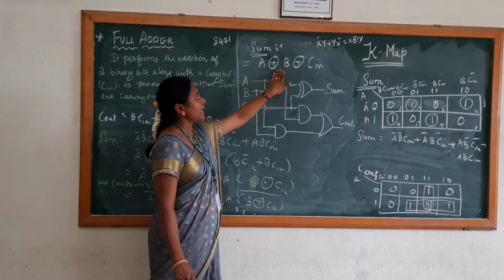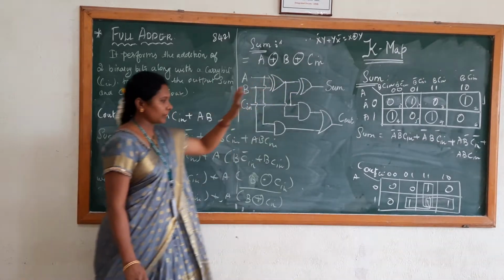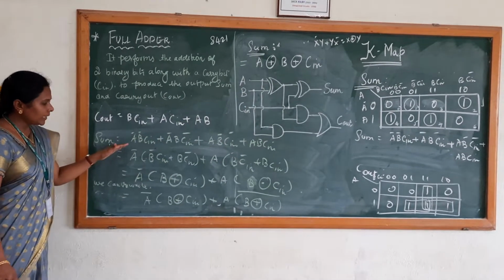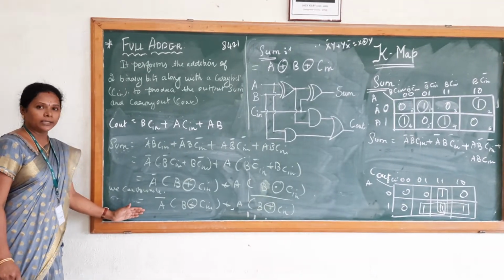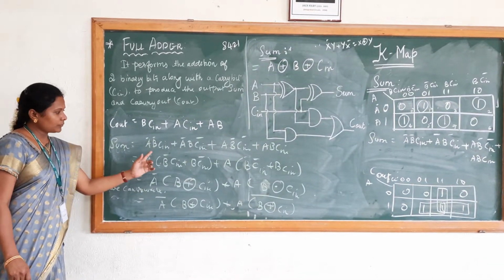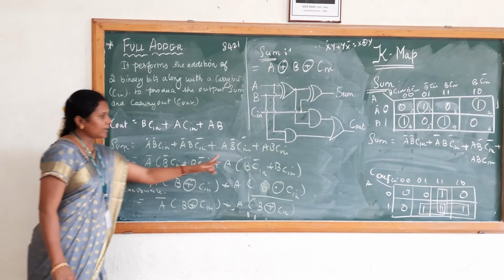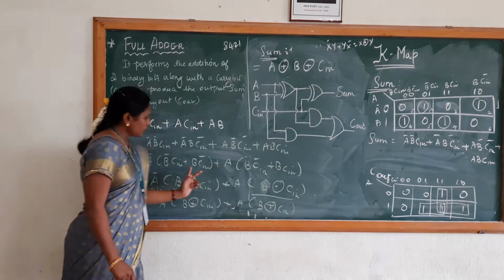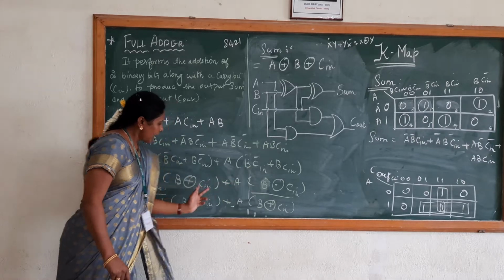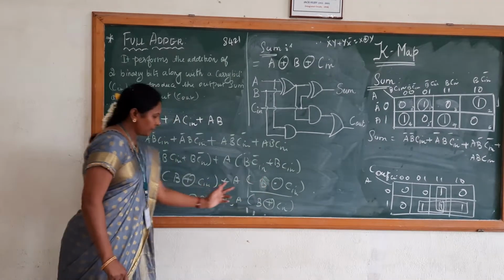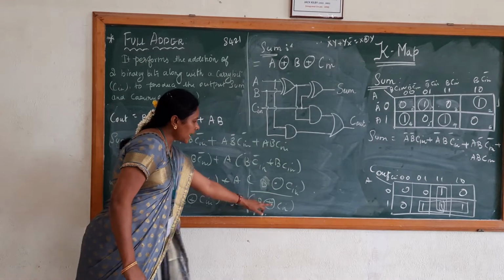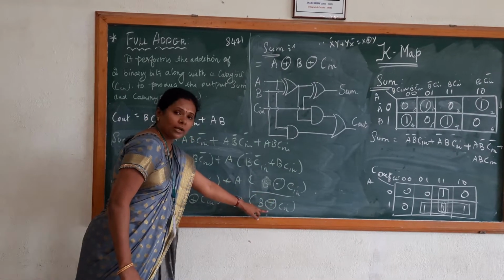Sum is equal to A XOR B XOR Cn. These are the steps which I have already explained in your theory class. So we have to take out A bar common over here, and among these two terms A common. So this will look like B XOR Cn and B XOR Cn, which could be rewritten as inversion of your XOR.